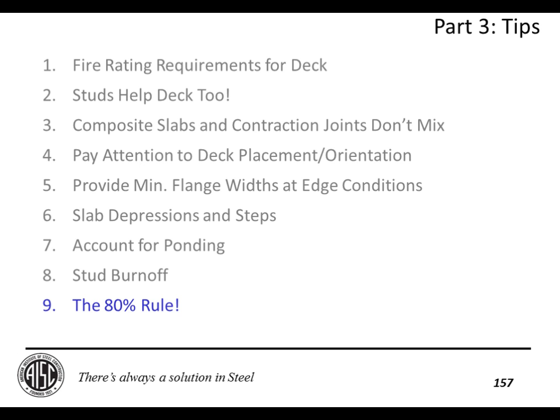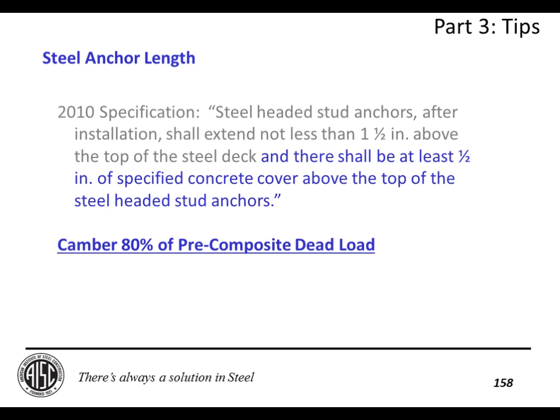Number 9, the 80% rule. All I'm saying here is that in order to not violate the anchor length requirement in the specification, that there be at least 1/2 inch of specified concrete cover above the top of the steel-headed stud anchors, you should consider only cambering 80% of the pre-composite dead load.